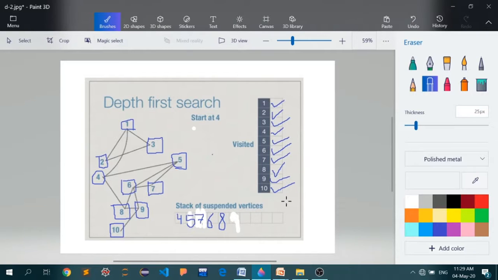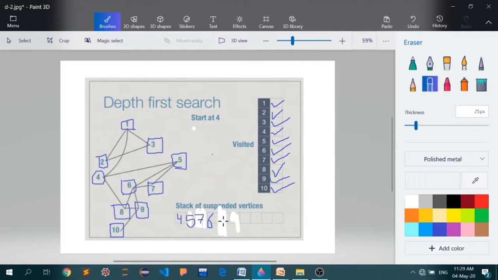Let's go back to the top of the stack. We have the 8th node now. We have to check how many of its neighbors are still unexplored. Now 8 has a neighbor 9, which has already been visited, 6 already visited, and 4 already visited. So we can remove this one also.